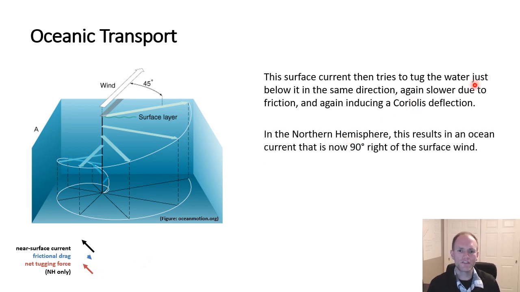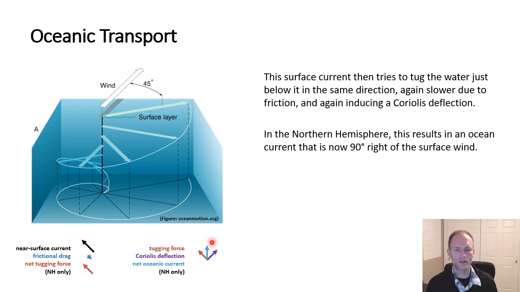So this Coriolis deflection, again in the northern hemisphere, is 90 degrees to the right of the tugging force. So let's take a look at how this impacts the ocean current a little bit below the surface. So I've depicted this tugging force from here at left with this red arrow here at right. The Coriolis deflection in the northern hemisphere is 90 degrees to the right of that. And so the summation of these two vectors, these two forces, gives me a net ocean current that is directed from south to north.